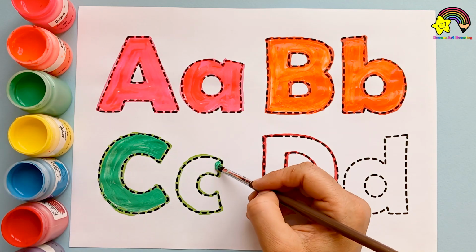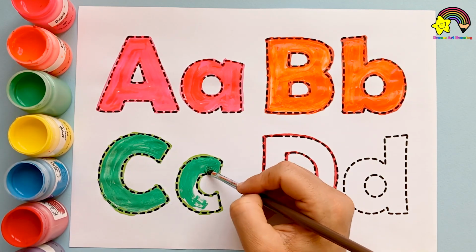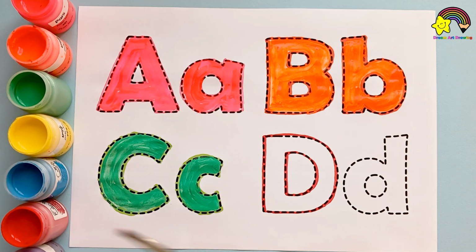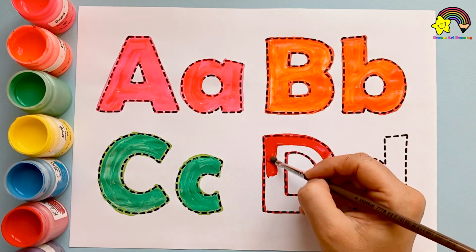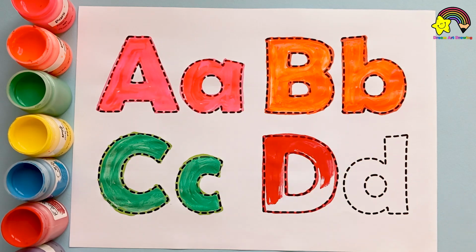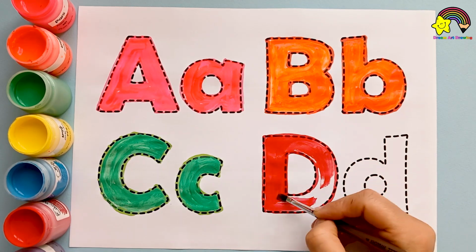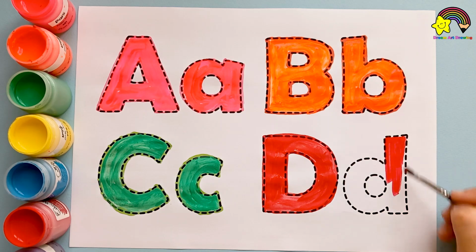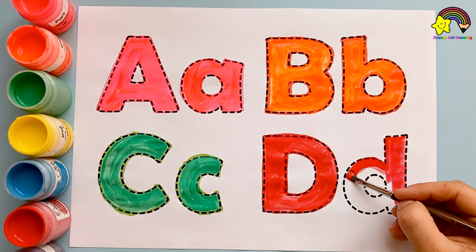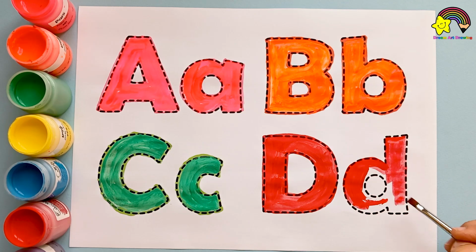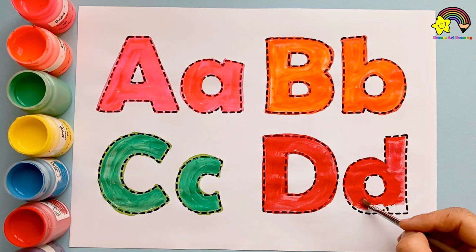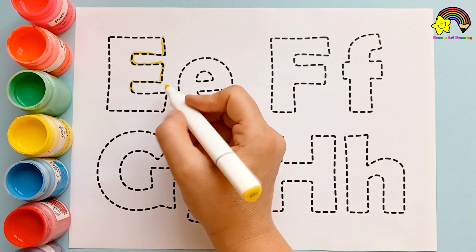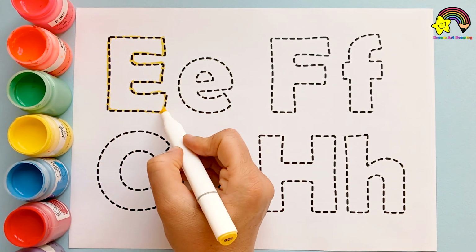C for cat. C, red color. D for dog. D, yellow color. E for egg.